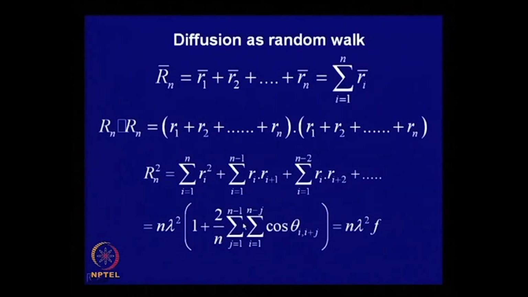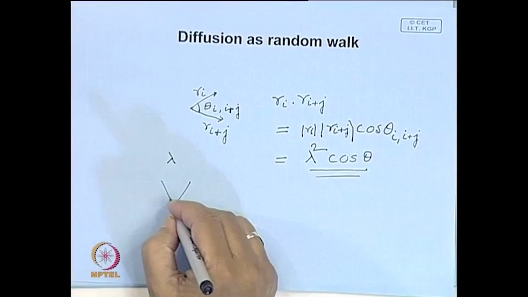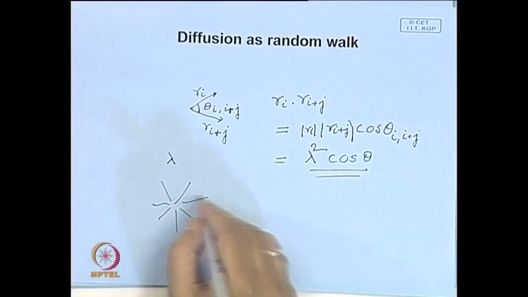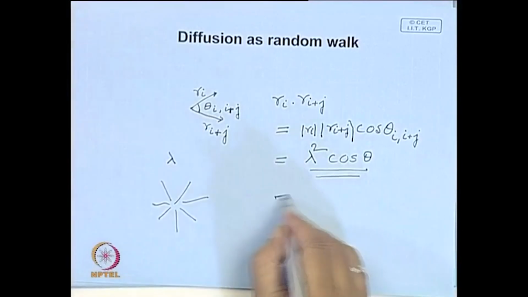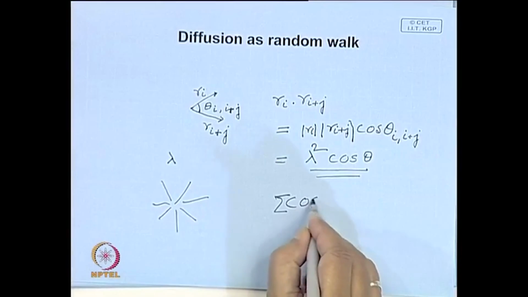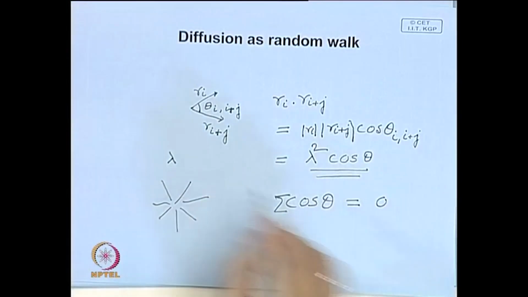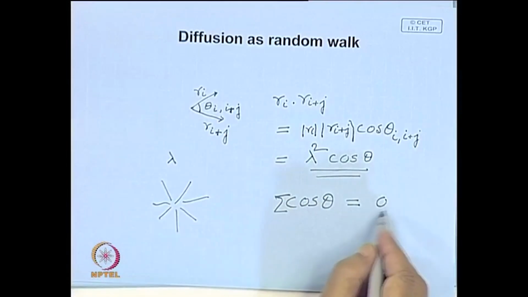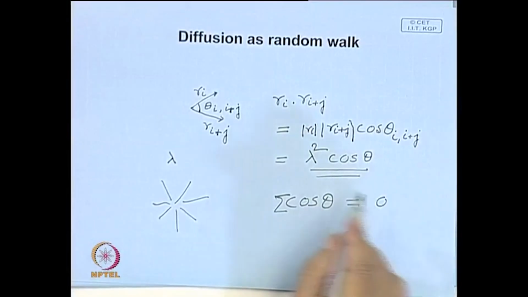If this is totally random, if these atoms are free to move in all directions, which is quite possible in certain cases, then this sum total of cos theta will come out to be 0, because at a certain angle cos theta will be positive, in a certain direction it will be negative, and therefore the total sum may come out to be 0.